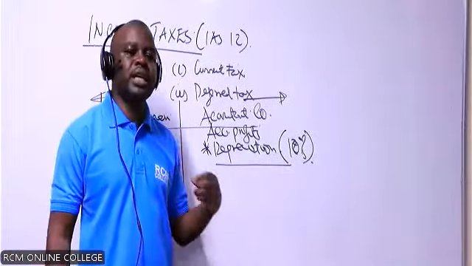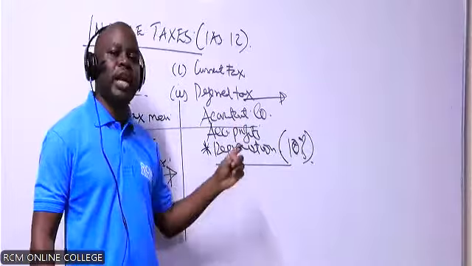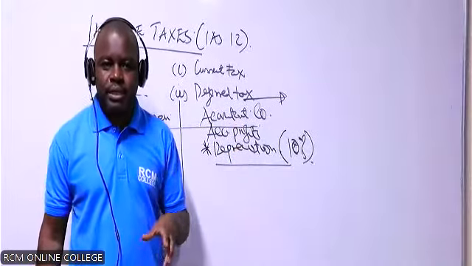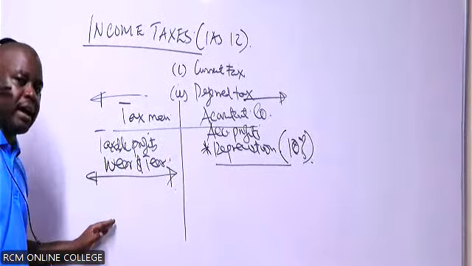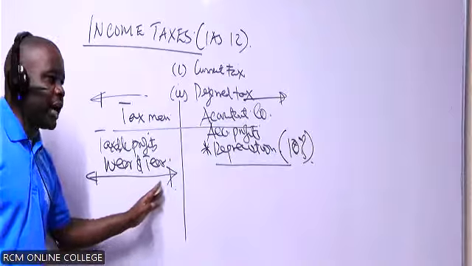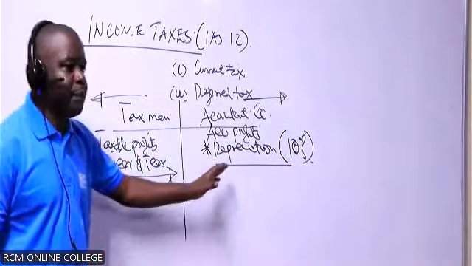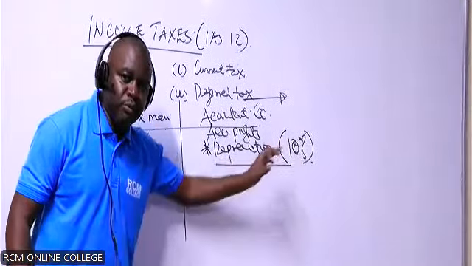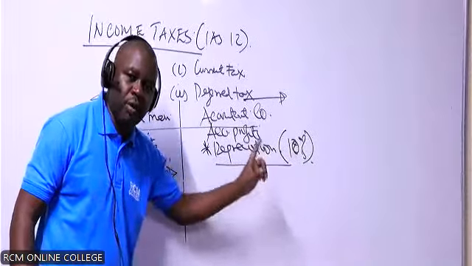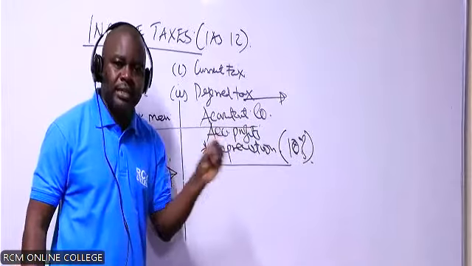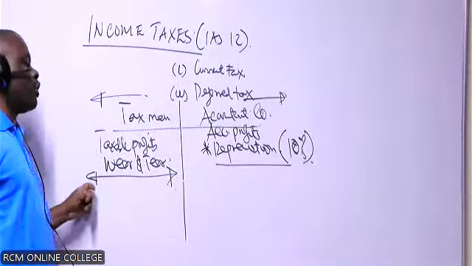For him, he's using a different language. So you add back the depreciation to correct the profits to be taxed. But at the other end, he'll still reduce them by recognizing wear and tear. Like on a building or equipment, you say depreciation as an accountant. But he'll tell you, add back that depreciation for that equipment. The language I want you to use when you're calculating the profit to be taxed at my end, I want you to use wear and tear on equipment.